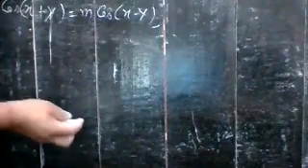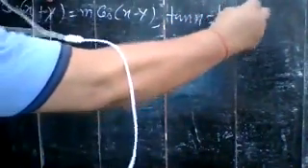Okay, write it. If cos(x plus y) is equal to m times cos(x minus y), then prove that tan x is equal to (1 minus m) upon (1 plus m) cot y.